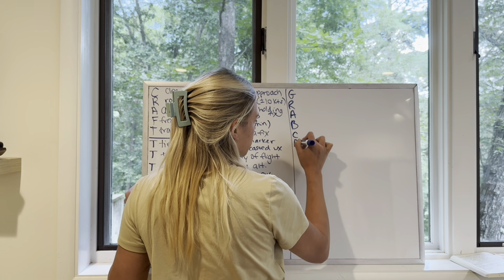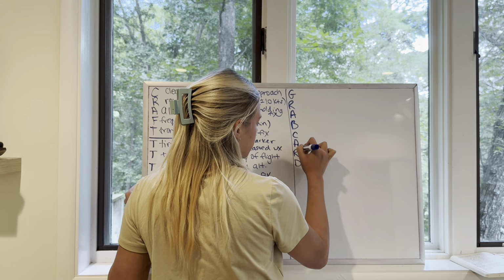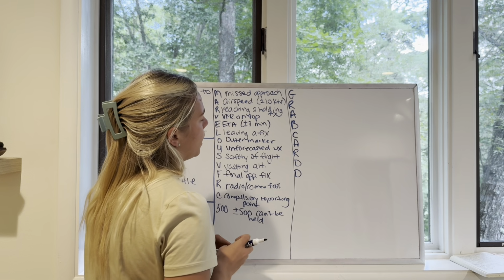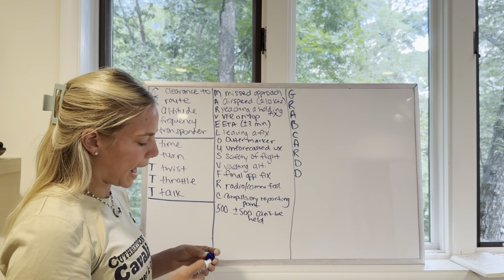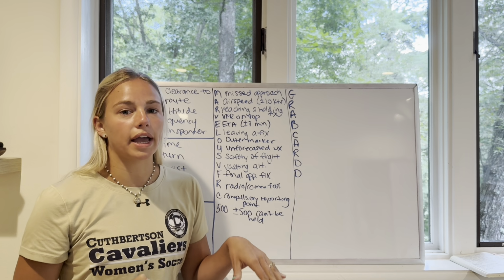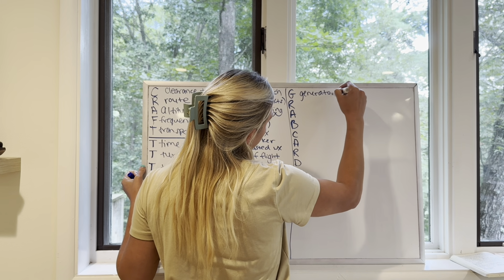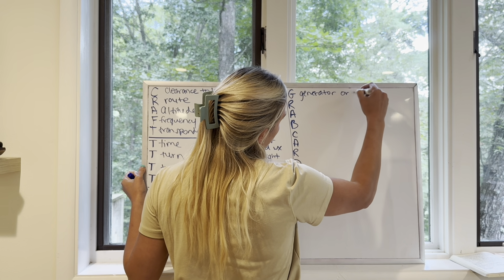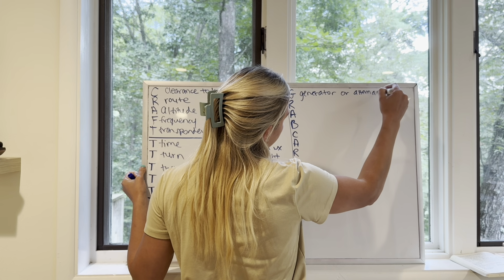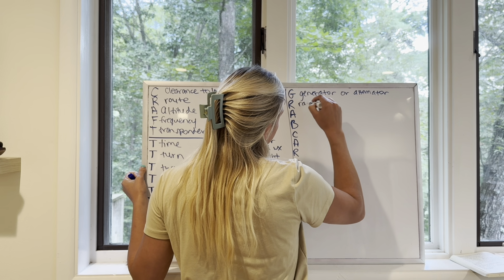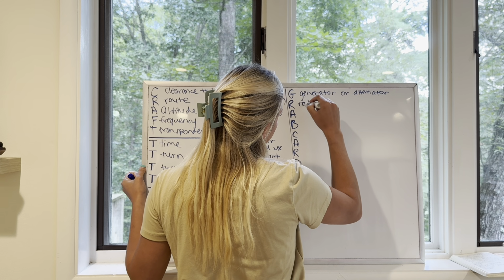Grab card D. And these are things that you need to have in the plane to fly instrument. So G is generator or alternator. R is radios.